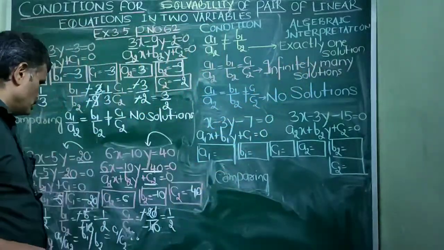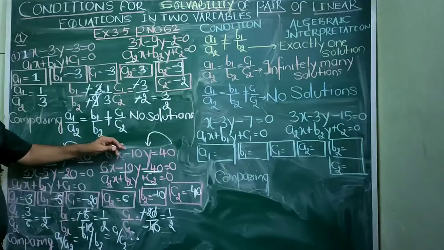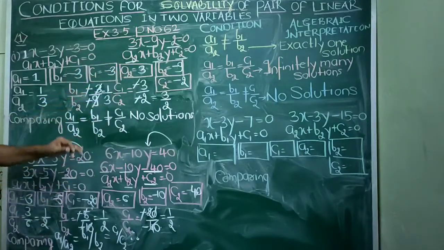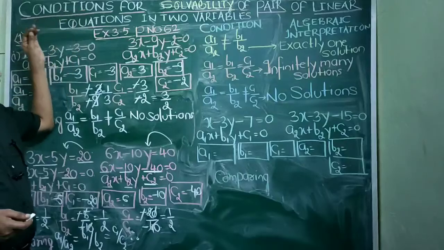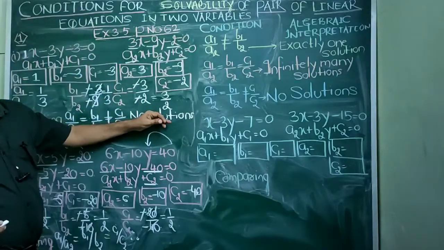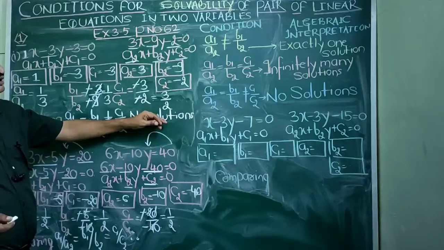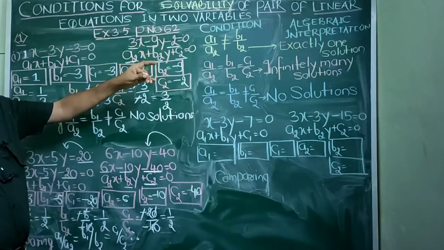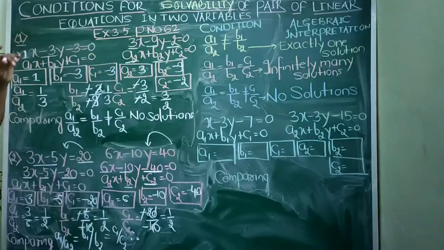That means if you try to solve this equation, you are going to get many solutions. If you try to solve the previous problem, you are going to get no solution at all. So that is the meaning of exactly one solution, infinitely many solutions, and no solution.